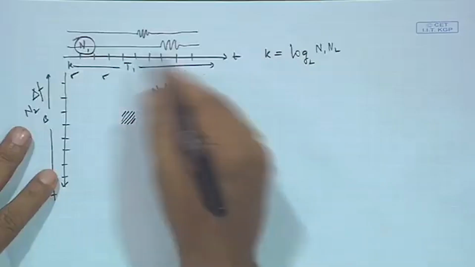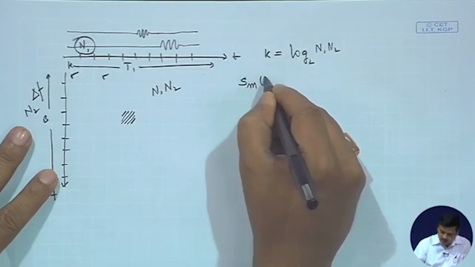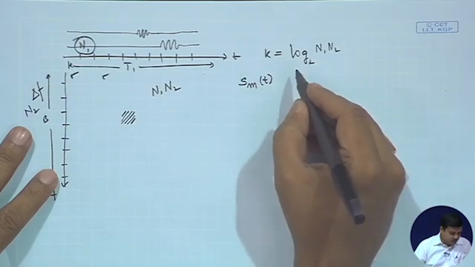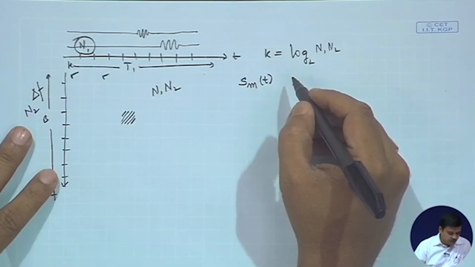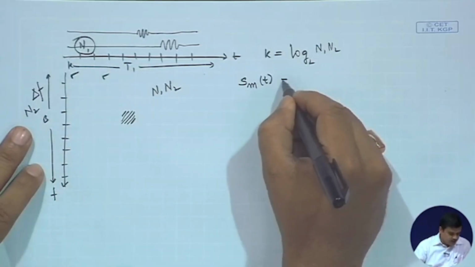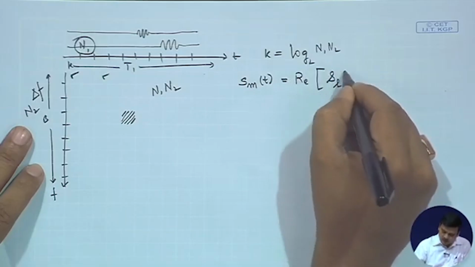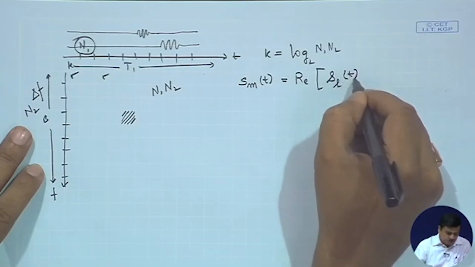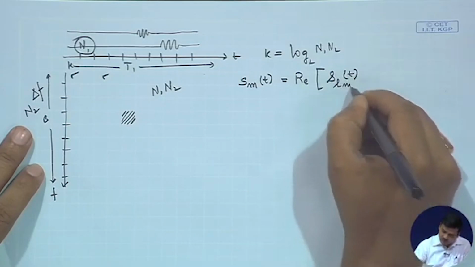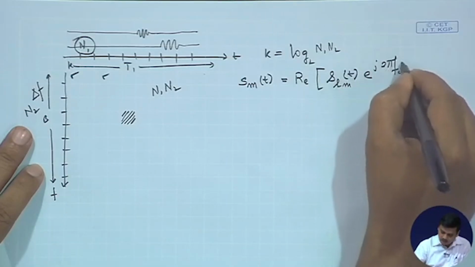So, when we have this, we could write this particular signal s_m(t). If we are talking about M-ary signaling, s_m(t) is equal to the real part of s_lm(t) e to the power of j 2 pi f_c t.